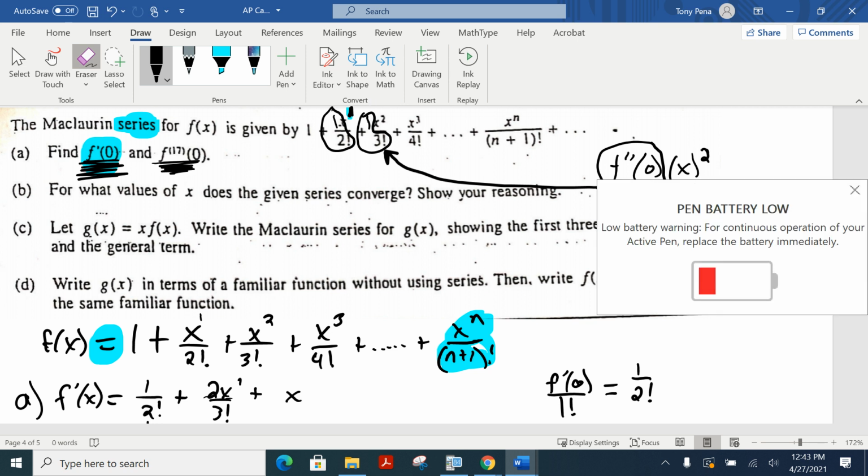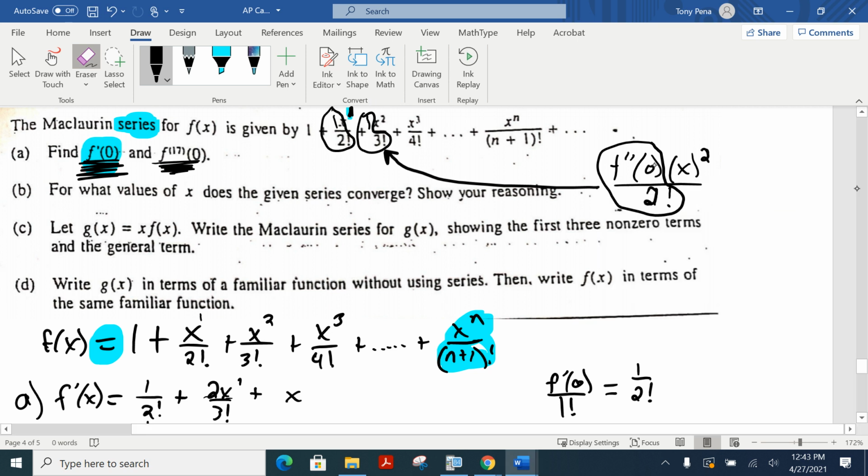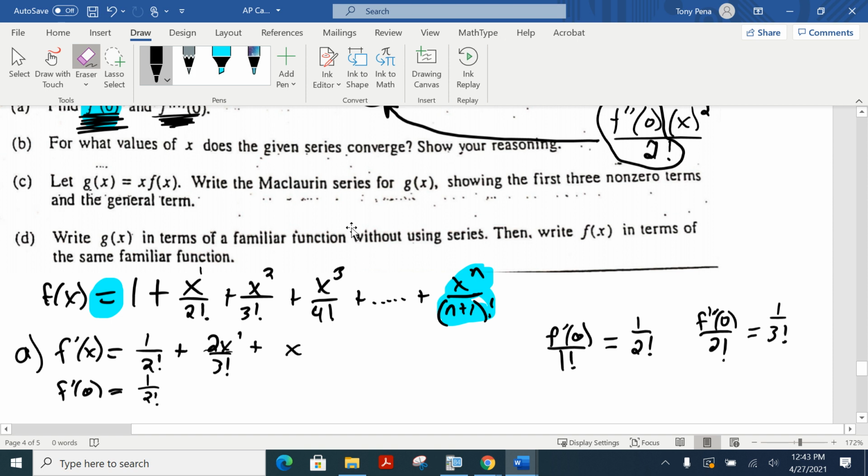So I am now going to say that the second derivative over 2 factorial equaled 1 over 3 factorial. And then now we'll see if we see this little pattern here.